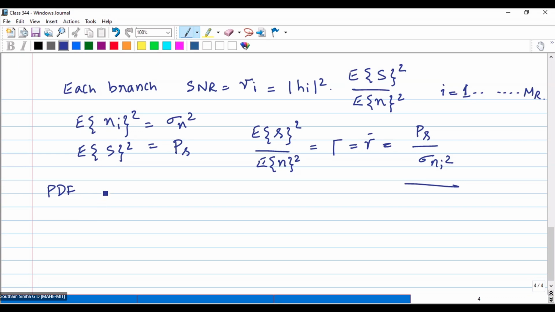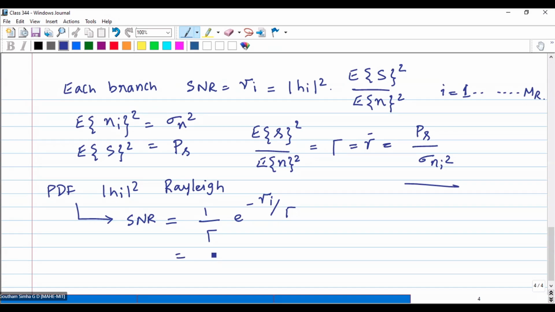This channel matrix can be modeled as h_i square, with the PDF of SNR in terms of Rayleigh. If I write the Rayleigh distribution, this will be equal to 1 by capital gamma into e to the power of minus gamma_i divided by capital gamma.